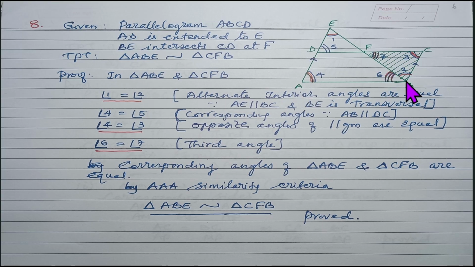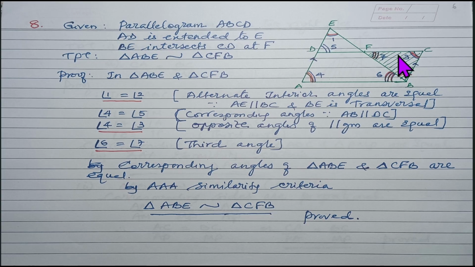In triangle ABE and triangle CFB, angle 1 is equal to angle 2, naturally, because AE is parallel to BC since it's a parallelogram, and BE is the transversal, therefore interior alternate angles are equal. That is the first point. Angle 4 is equal to angle 5. These two are corresponding angles because AB is parallel to DC.